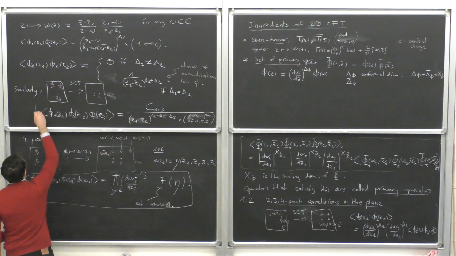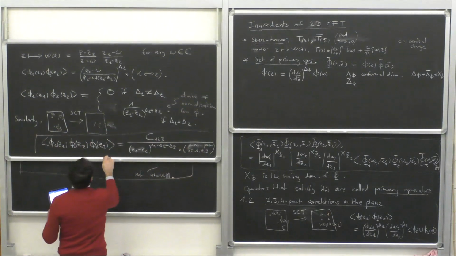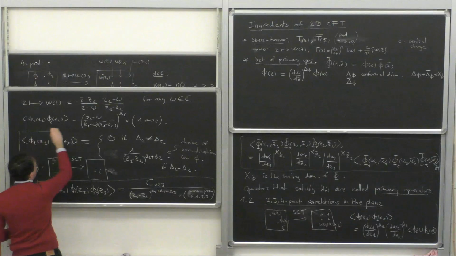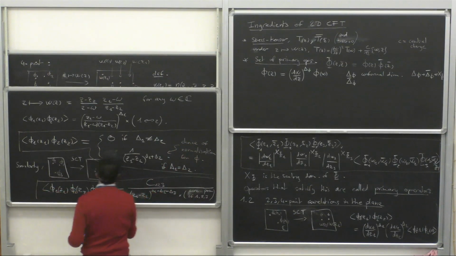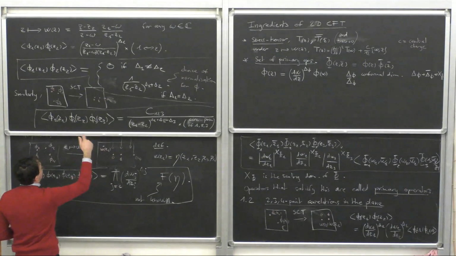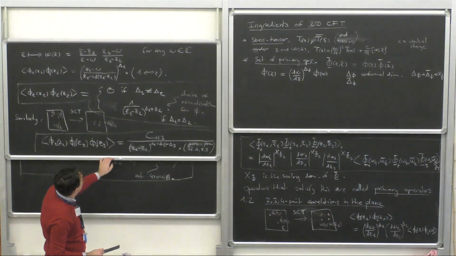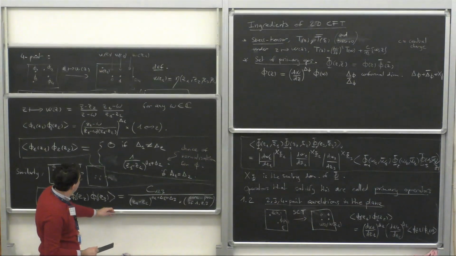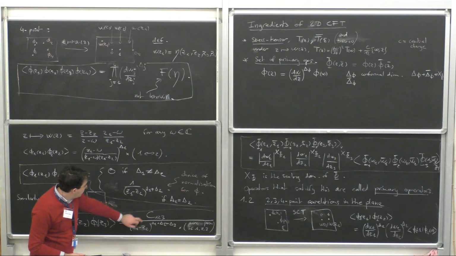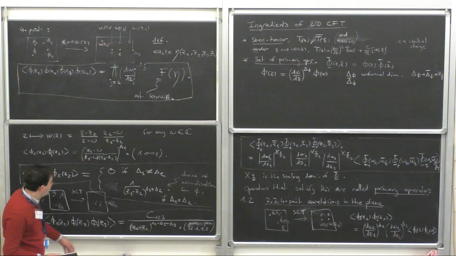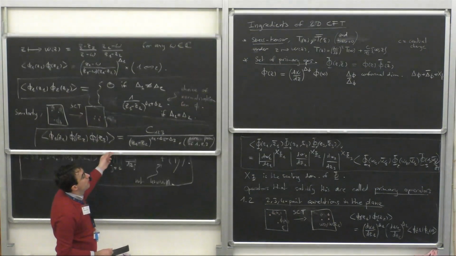So the important formulas here are the 2-point function, 3-point function, and 4-point function. We see in particular that what has appeared here are these coefficients that fix the 3-point function, and it turns out these coefficients are also very important data about the theory.